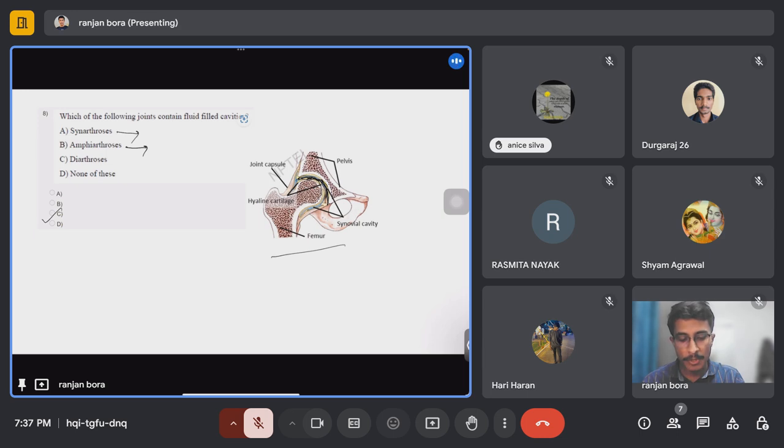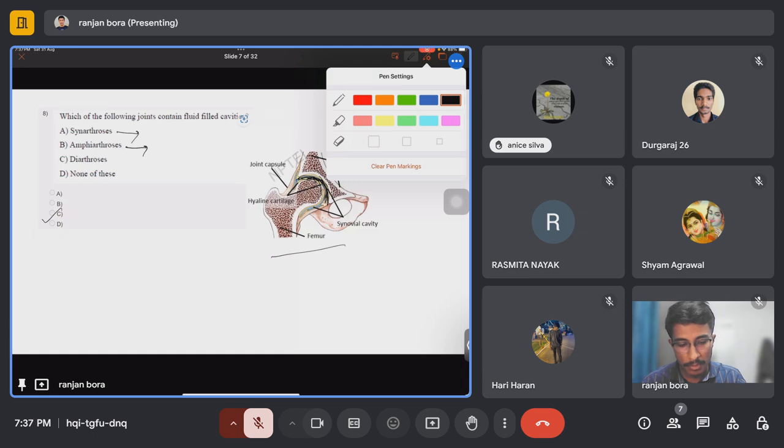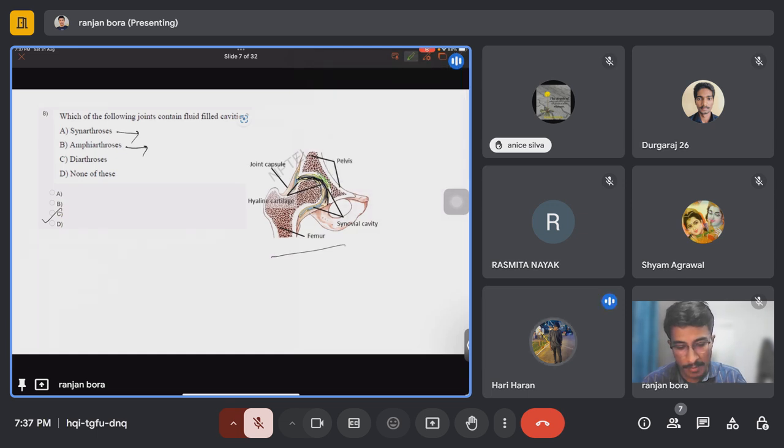If there were no liquid present, the bone surfaces would wear out. There would be more friction without lubrication, so these liquids act as a lubricant and reduce the friction between the bone surfaces.